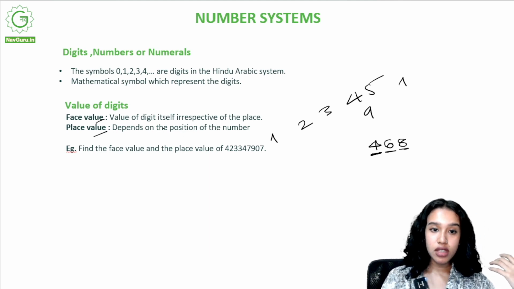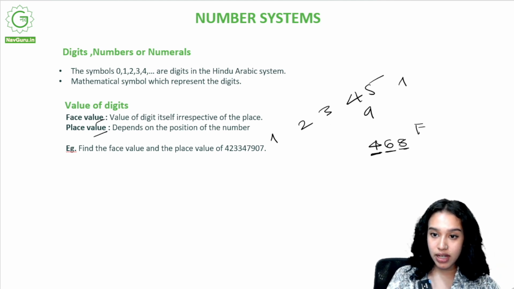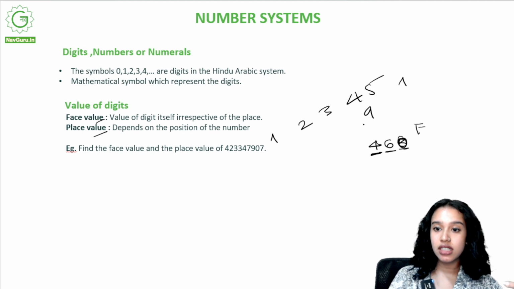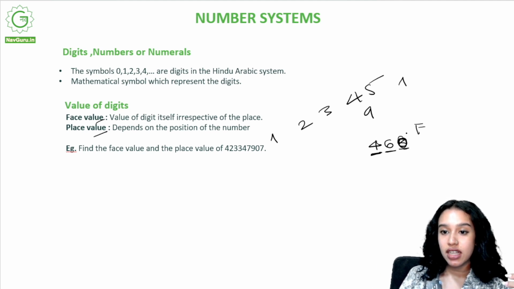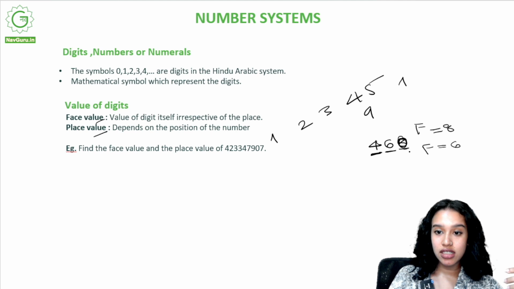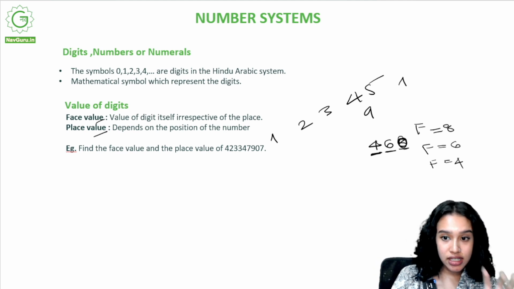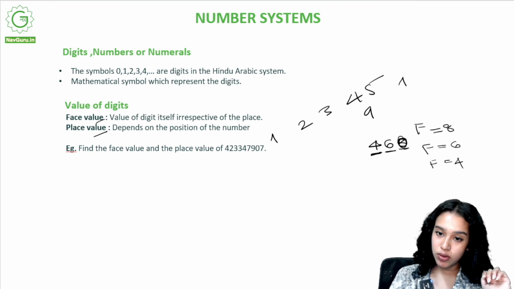The face value of 8 is 8. The face value of 6 is 6. And if it's 4, it would be 4. So the value itself is called the face value.